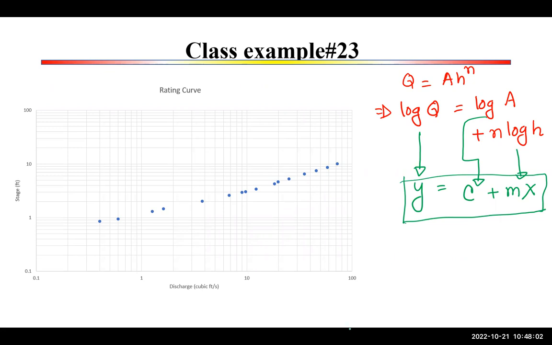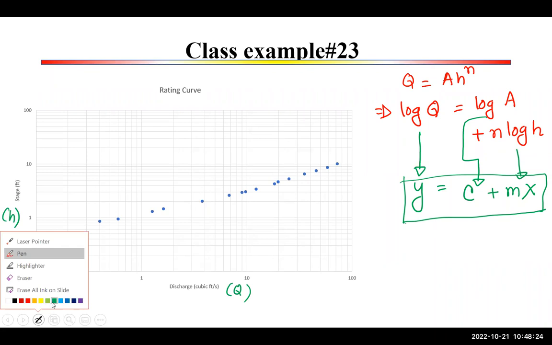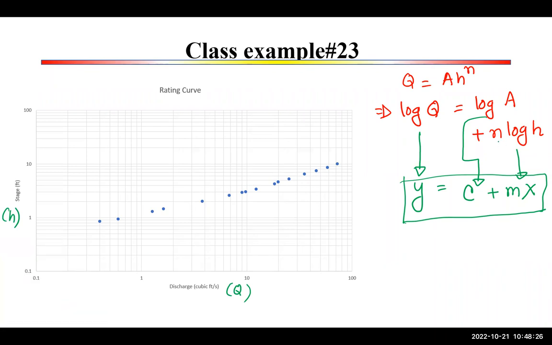Now, have you noticed something in the plot? It's the stage, which is H, and here it's Q. So it's actually just opposite of whatever we have in our equation, right? So that m is the slope, we know that.